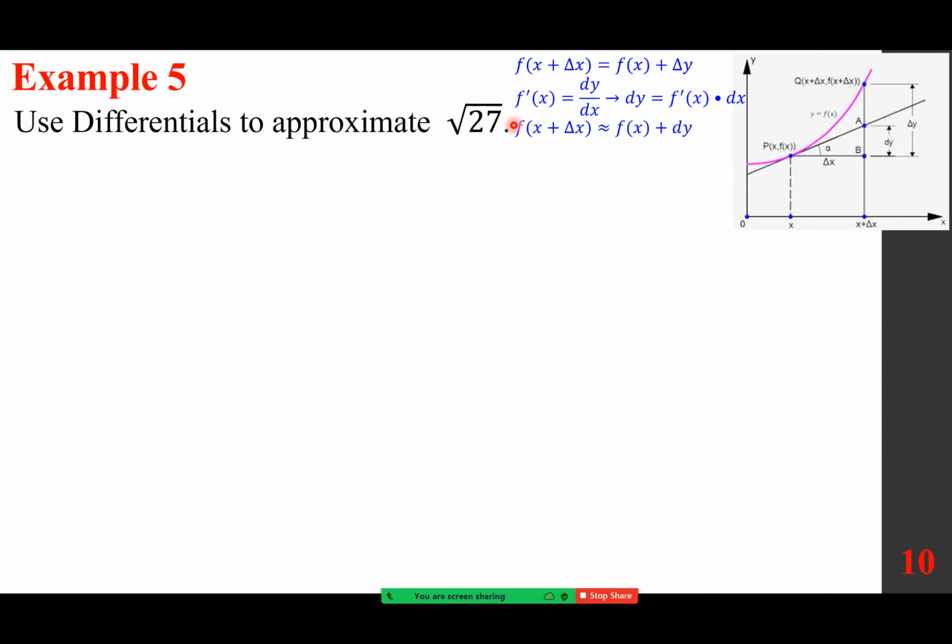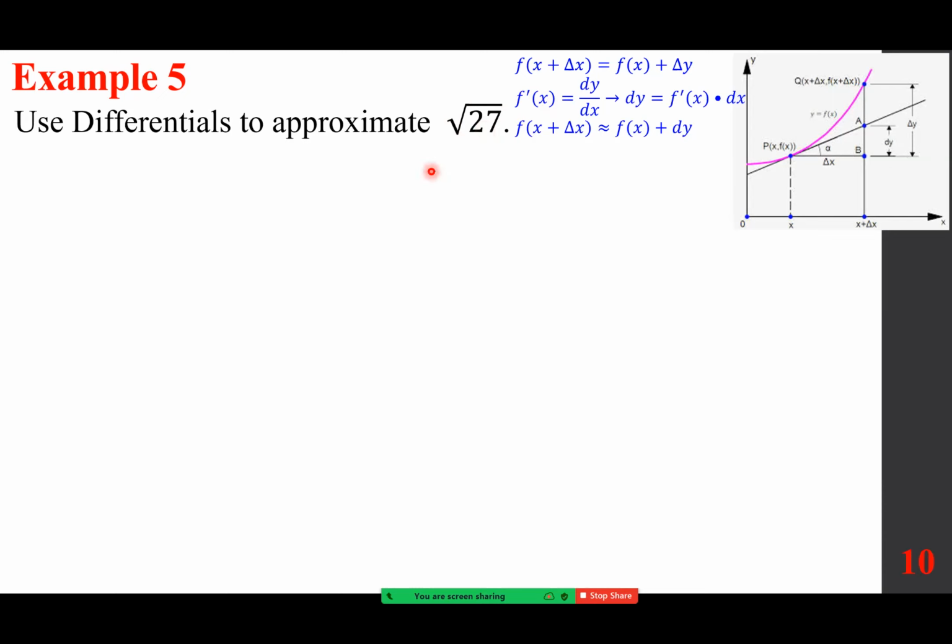What can you think of? The closest number to 27 you can take a root of easily. Anybody? Closest number to 27? Anyone? 25. 25, because the square root of 25 is 5.